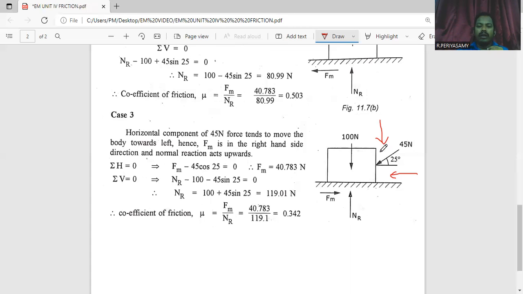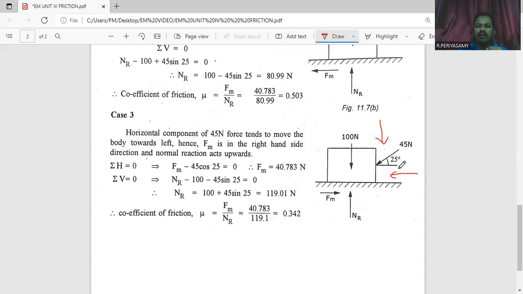In this case, we apply the sum of horizontal components equal to 0. Here there is one horizontal force in the leftward direction, so leftward means minus.